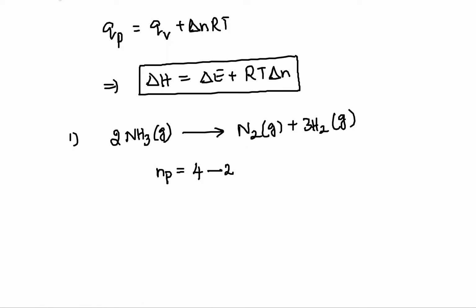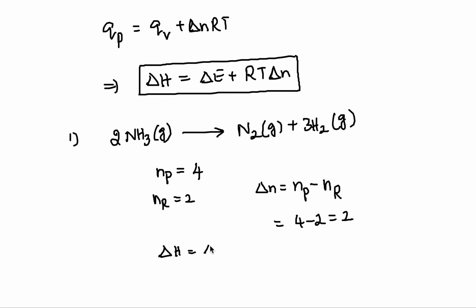So delta n is equal to the moles of gaseous products minus the moles of gaseous reactants. That's going to be 4 minus 2 is equal to 2. So for this reaction, delta H is equal to delta E plus delta nRT, which is 2RT. So for this reaction, delta H is greater than delta E.